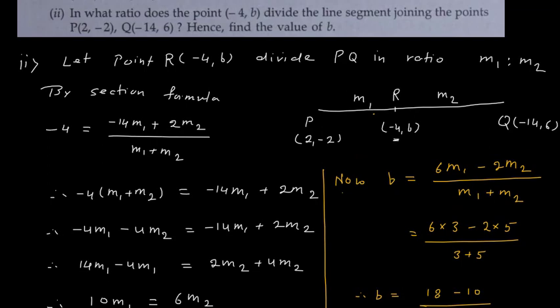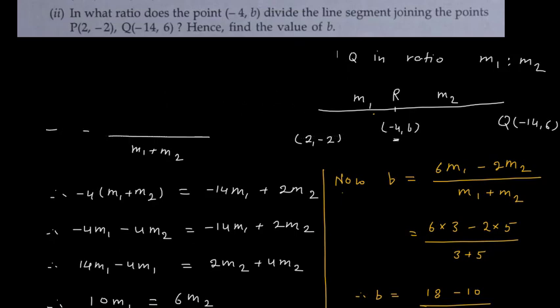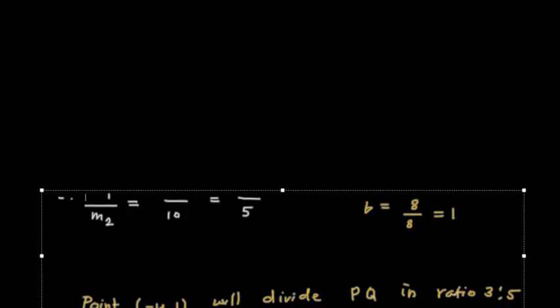Now let us solve this problem by assuming that it divides in ratio k:1. So here in place of m1:m2 we will consider k:1. So let me take point R (-4, b) dividing PQ in ratio k:1.